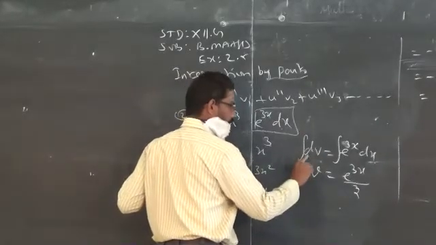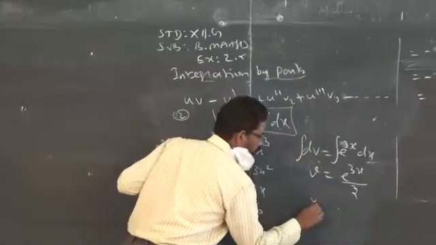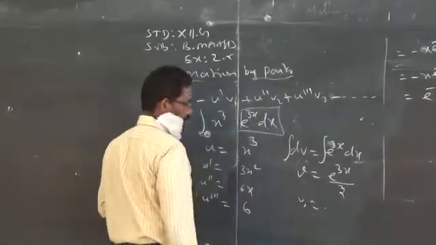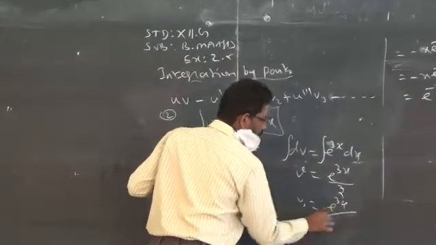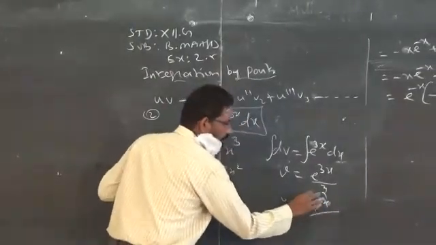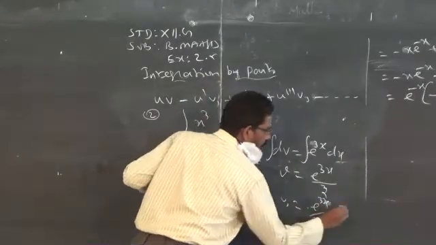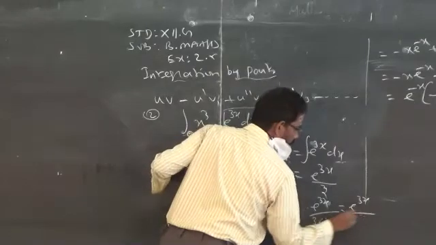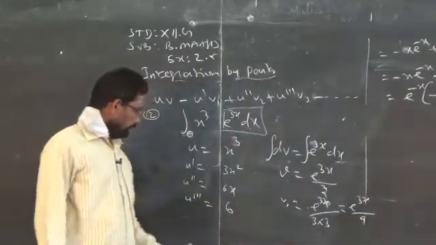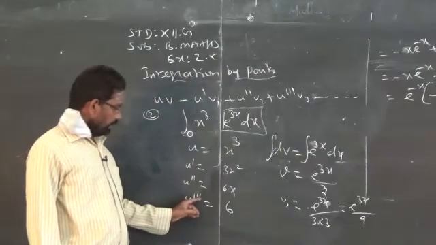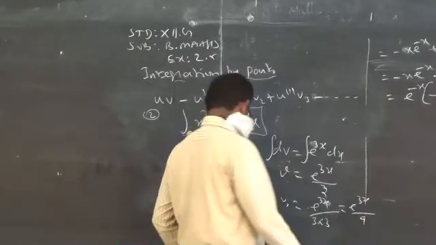No, integration of dv is v. Once you integrate v, you will get v1. Integration of e power 3x by 3 is e power 3x, and already we have denominator 3, one more 3 will come, so it becomes e power 3x by 9. Clear? So you have to go up to u triple dash. So you have to find now v2 and v3.